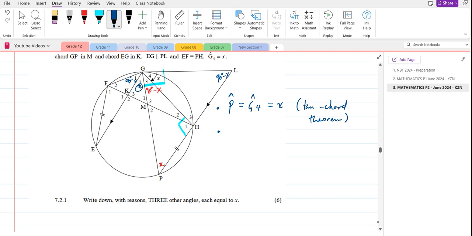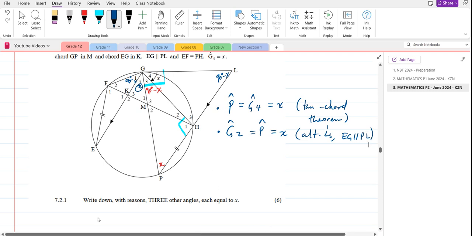Then we took an alternate angle, angle G2 is equal to x. Alternate angles. Why is it alternate? Because EG is parallel to PL. Now the third one, we are just stuck with the third one.